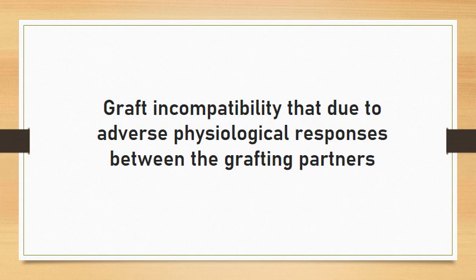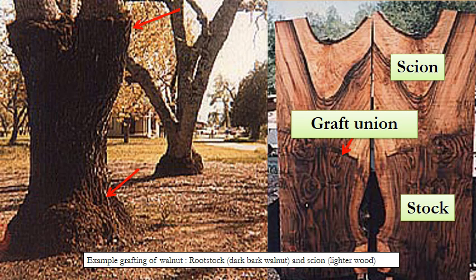Now, let's take a look at the graft incompatibility that is due to adverse physiological response between the grafting partners. It is very interesting to talk about incompatibility of grafting. This is because it's just like seeing the ability of plants to live together for a period of time, like a married couple. Both rootstock and scion can be found growing together along the time, but at the same time both try to get mutual understanding between parts.